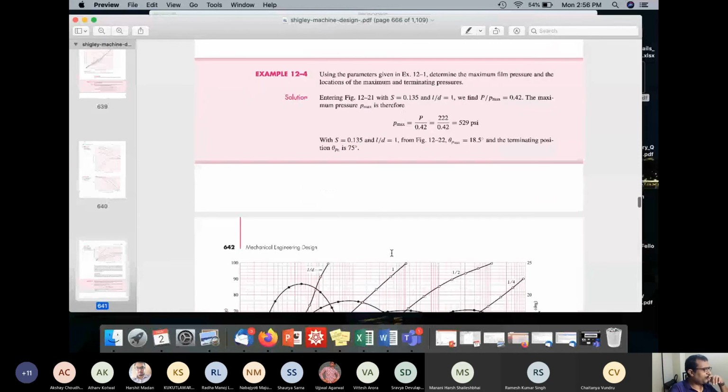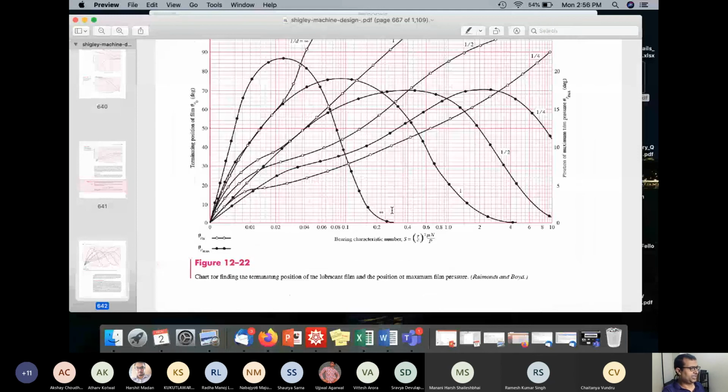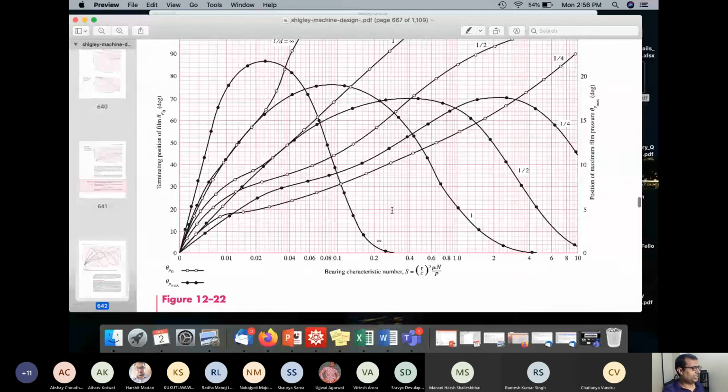Sorry. So this was the chart which was not there with me. Just 1 second, it will show up on your screen. Yeah. Let me just blow it up. This is the chart for theta p max.